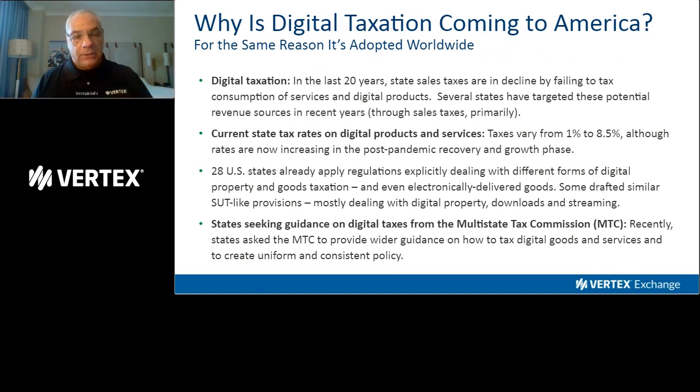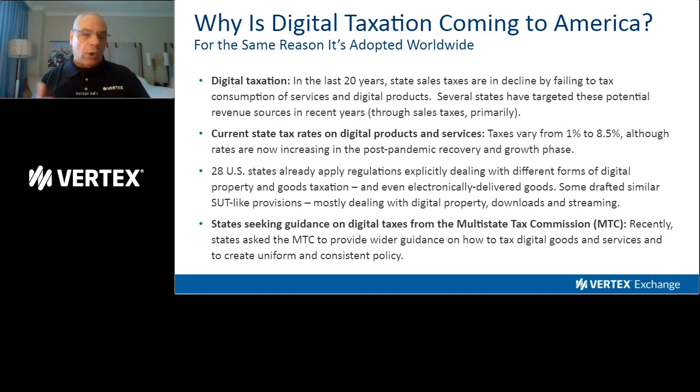So take a look at this. On why digital taxation, it's been the same reason as adopted worldwide. In the last 20 years, state sales taxes have been in decline, right? And why in decline? There are several reasons. A lot of it has to do with the balance between sales, services, and digital products.